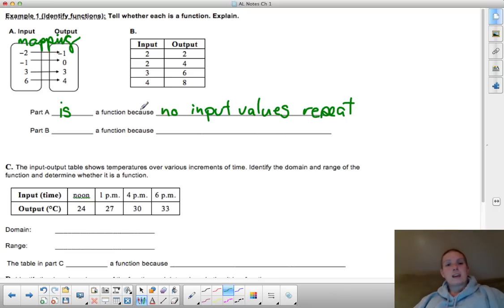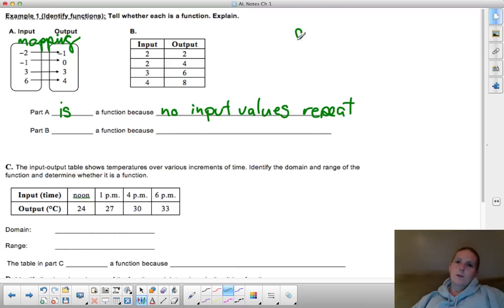Or we might even say there is no repetition in the input values. You might see all sorts of different ways to say that, but we just simply need to say that for every x, there is exactly one y. Either way, kind of like that one too.